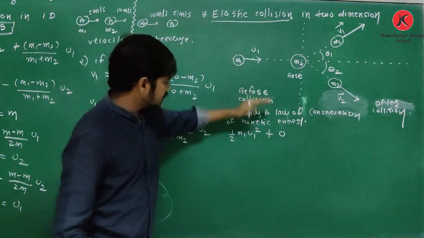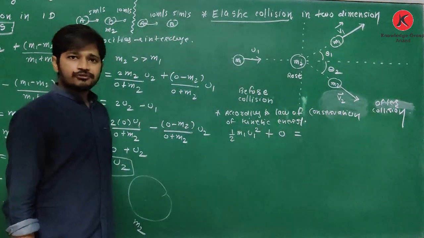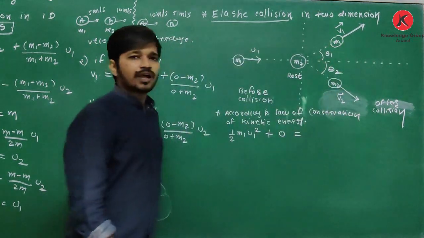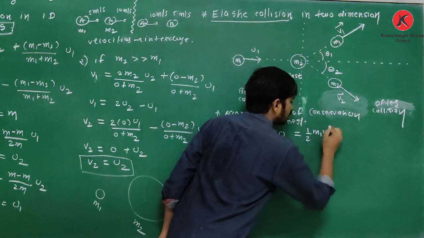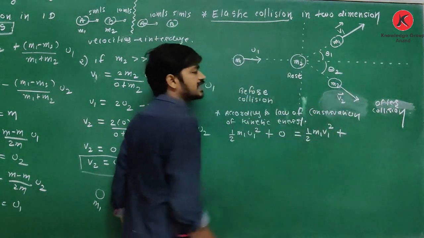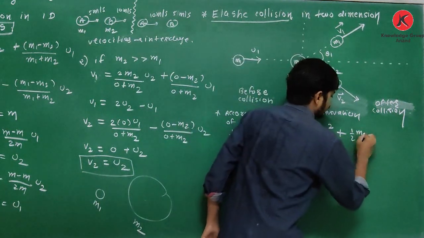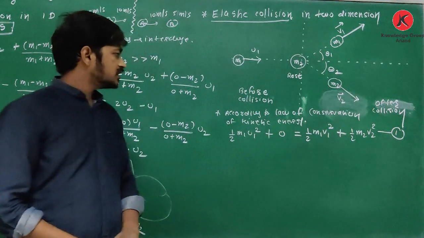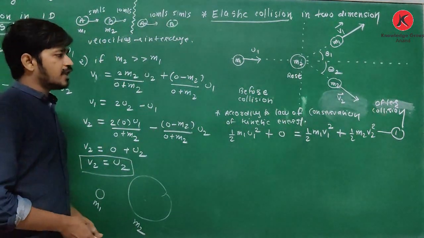This is equal to the total kinetic energy after collision: this object having mass m1 is moving with velocity v1, so its kinetic energy is half m1 v1 square, plus this object having mass m2 moving with velocity v2, so it is half m2 v2 square. This is equation number 1. Simple. Law of conservation of kinetic energy.